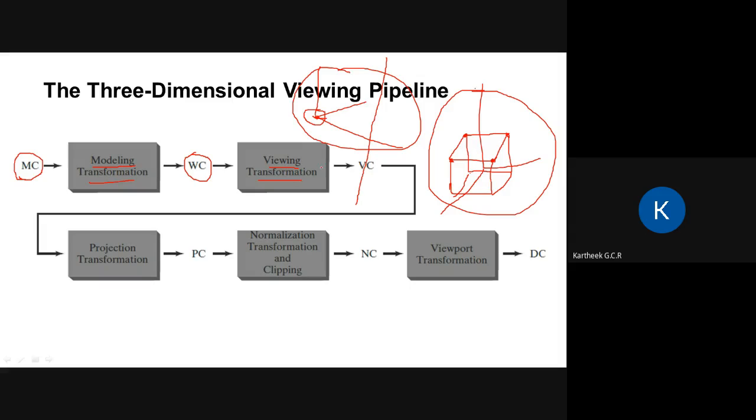In order to do this, you will have to translate this coordinate system into this one and rotate it in such a way that the x of this is aligned with the x of this, the z of this is aligned with the z of this, and the y of one coordinate system is aligned with the y of the other. So it involves both rotation as well as translation.